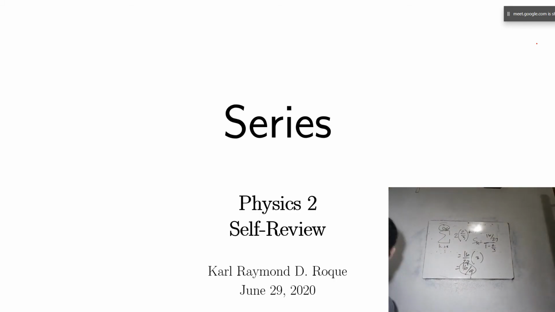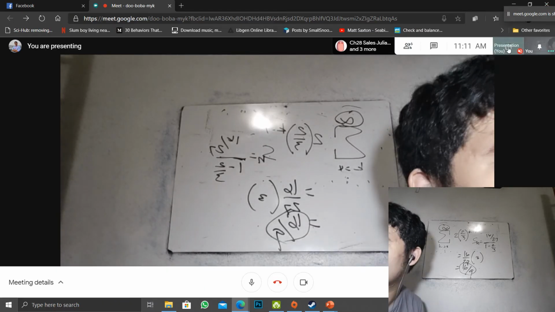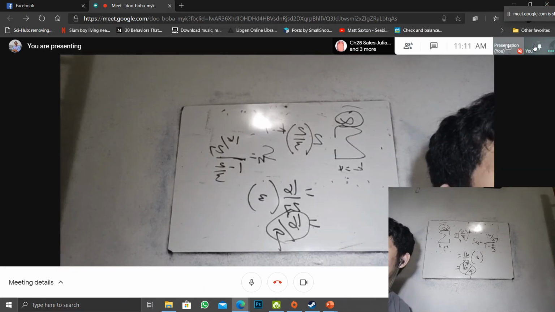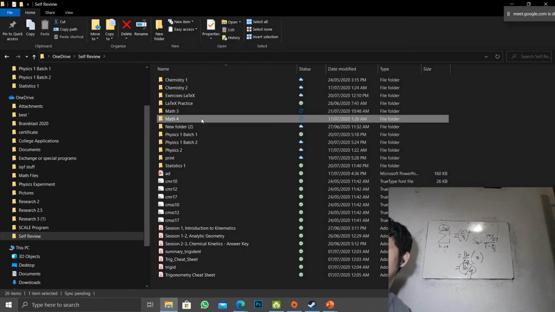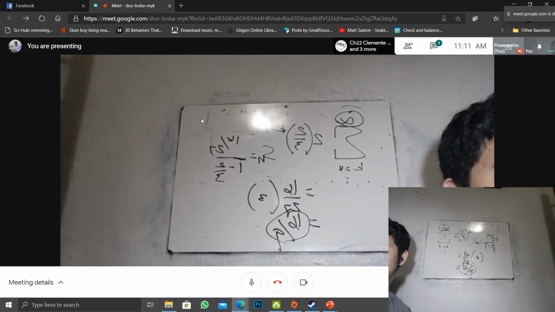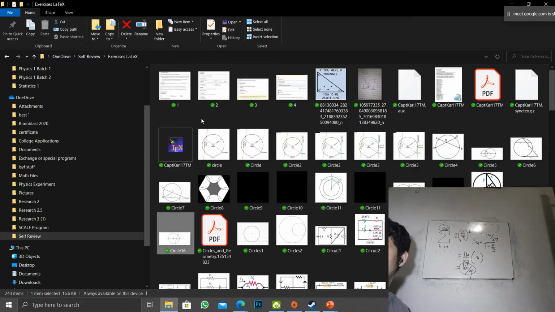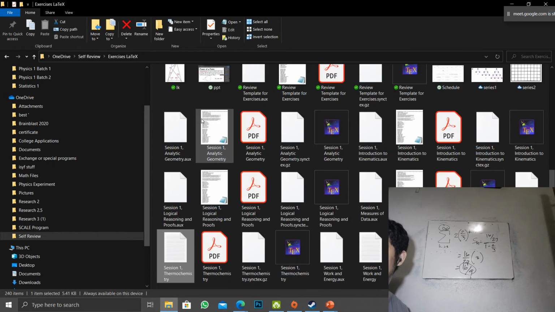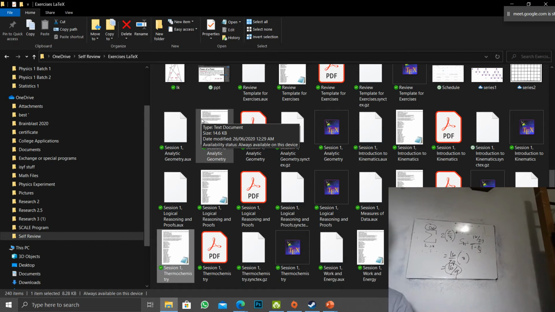Before we move on to our seat work, nakakuha ba? Okay na? Okay, sige, game. Let's answer our seat work. Teka lang, may sisend ako sa GC, no? I'm going to give items to answer.